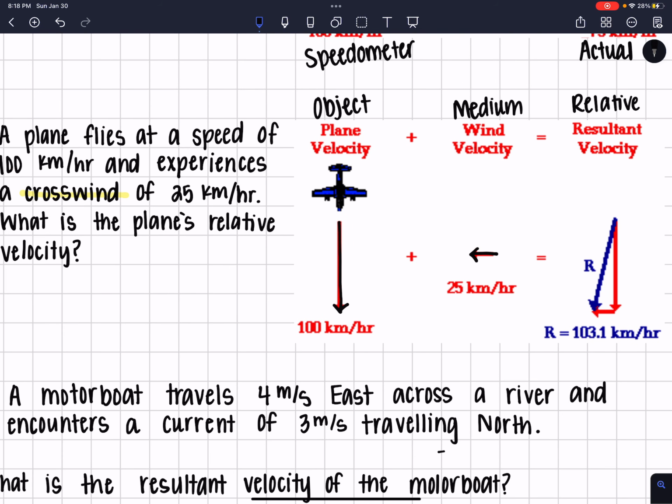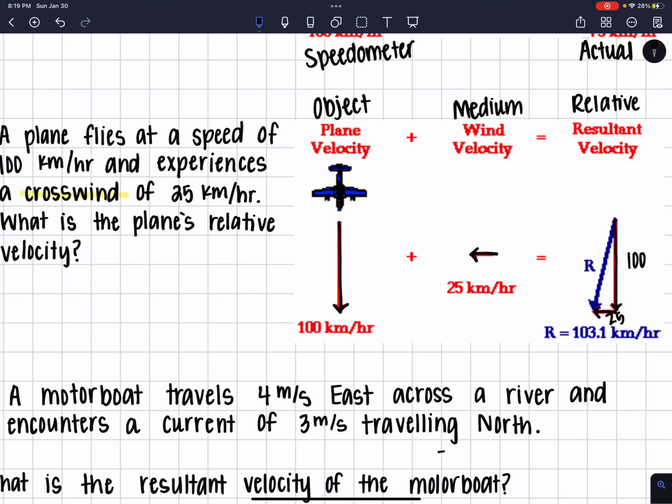So I'm still going to combine the 100 kilometer per hour vector from the plane's velocity with the 25 kilometer per hour crosswind from the wind's velocity. And my resultant is going to be exactly what you might expect. My plane's not going to go in the exact direction it intended to.